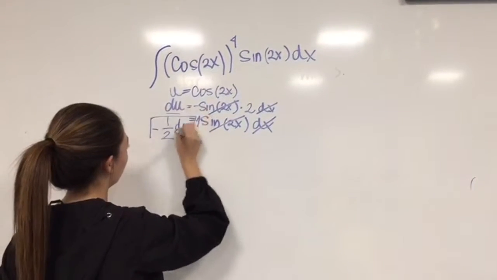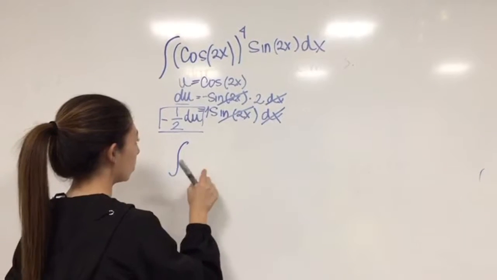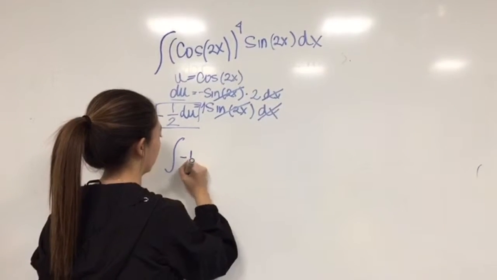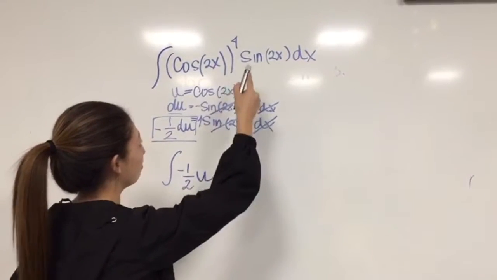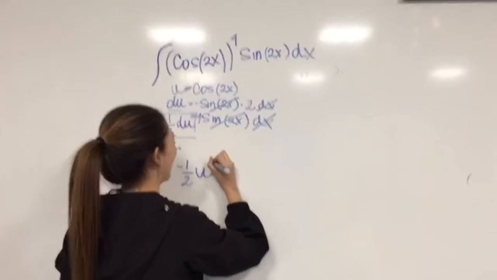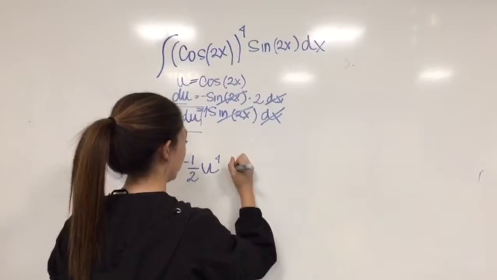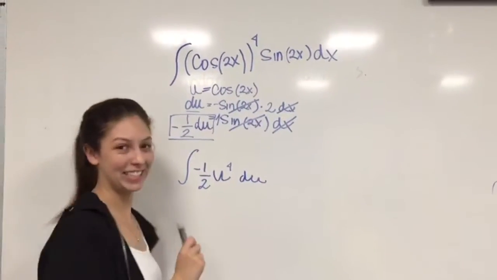So now we do the integral, we put negative 1/2 u, since the exponent is a 4, this will be a 4, and du. And now we are ready to integrate.